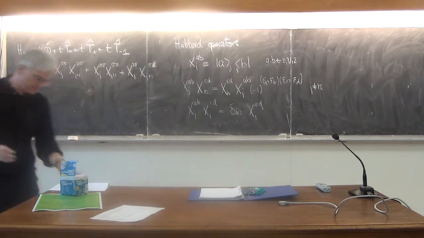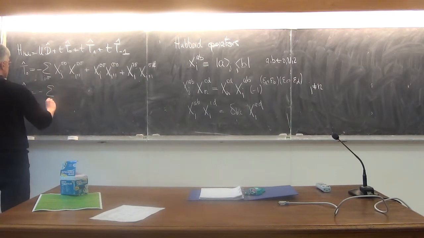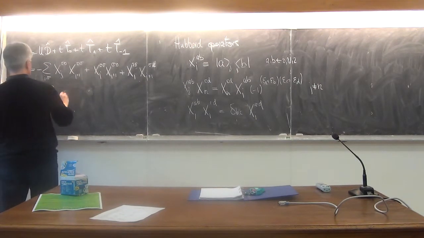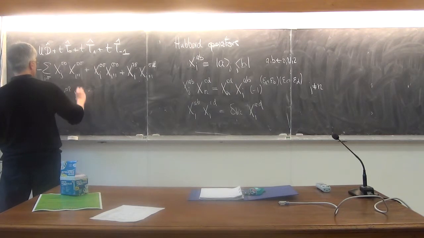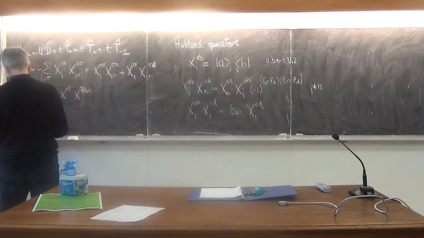T hat 1 is minus J sigma x0 up, x0, oops, x down, it's just 2 down, sorry.